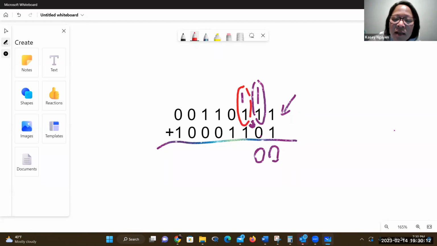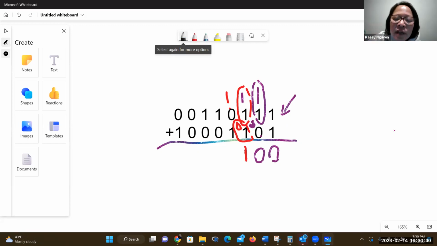I'm gonna work on that together. Now 1 plus a 1 is a 0 with the carry. Now we're going to take the result from the top two and add it to the bottom now. So 0 plus a 1, that's going to be a 1. Okay. And that's this part right here.